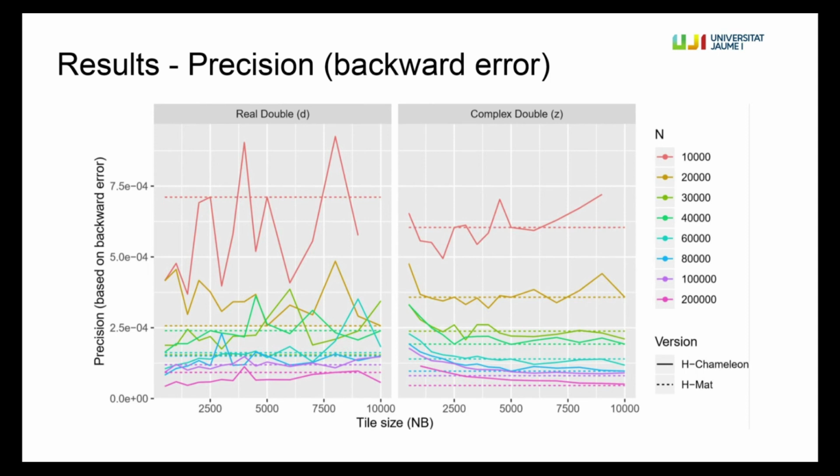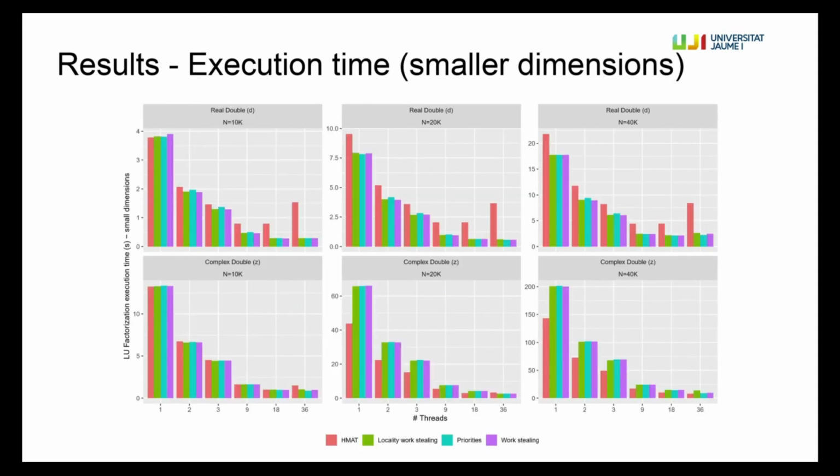Regarding the performance results, we now show the execution time when solving the LU factorizations. Here in these plots, we show the results for the smaller dimensions we tested, 10K, 20K, and 40K. In red, we represent the HMat results, and in green, blue, and purple, the H-Chameleon results.